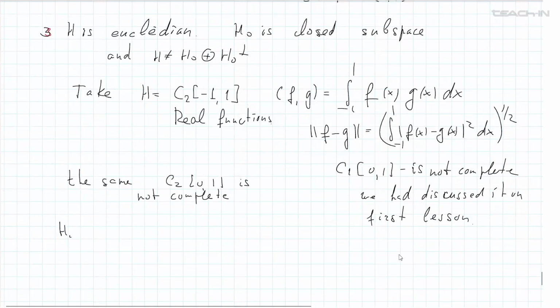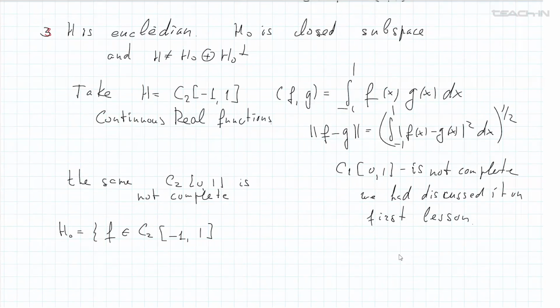Subspace H0 is such functions f from continuous real functions on minus 1, 1, with metric, such that f of x equals 0 as x belongs to minus 1, 0.